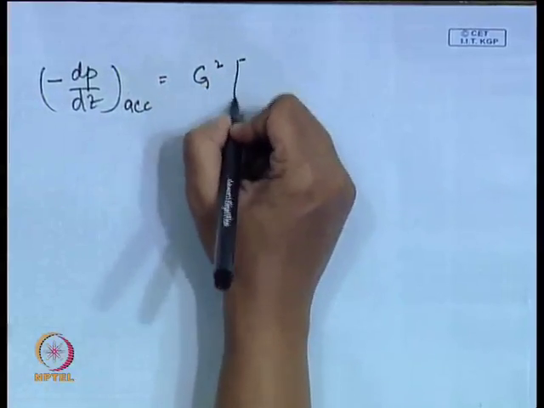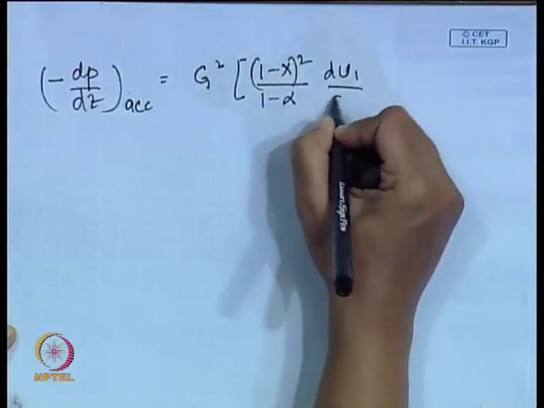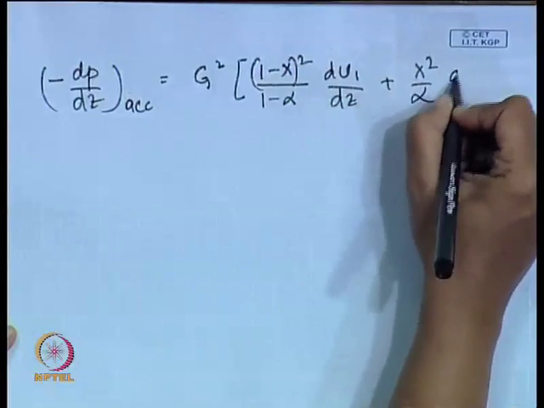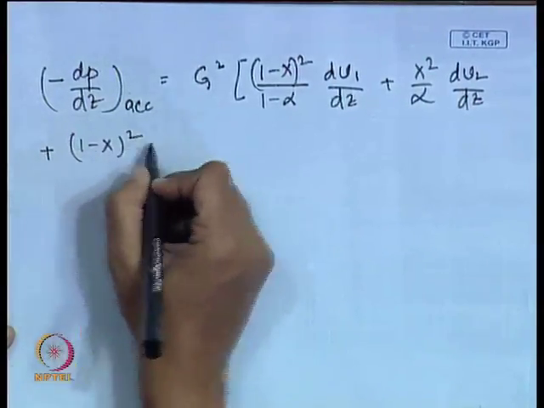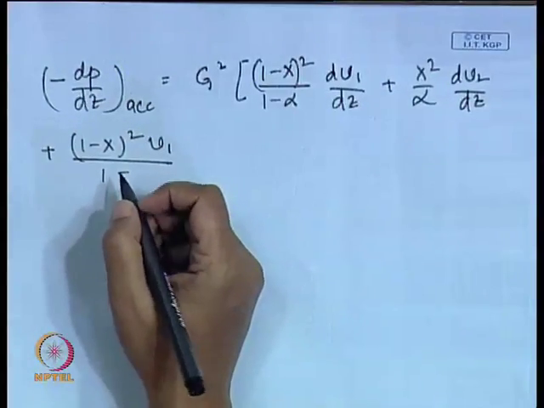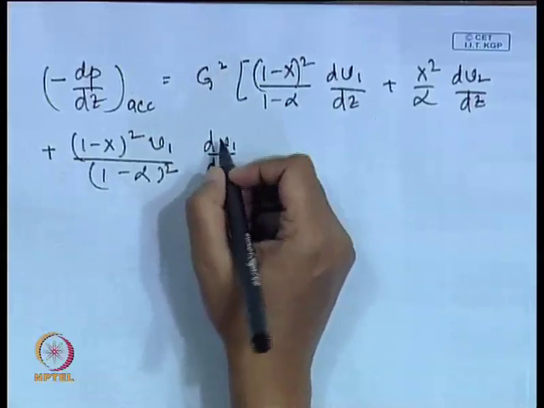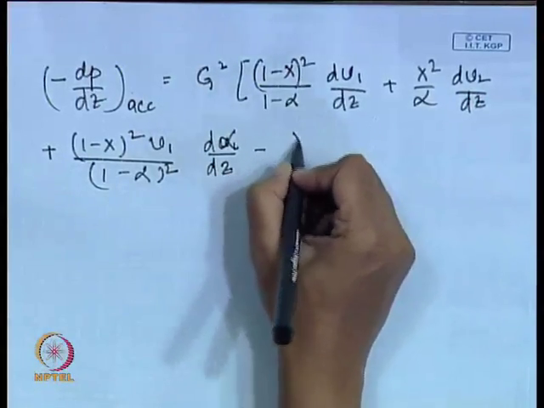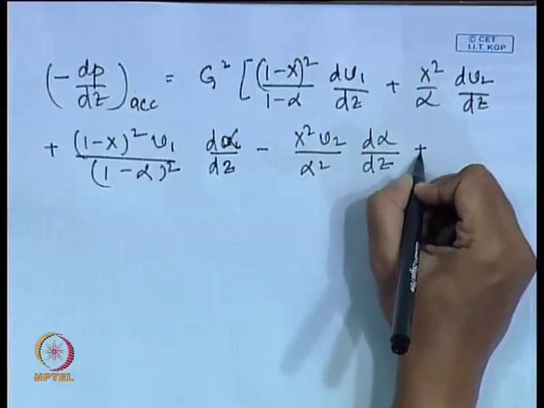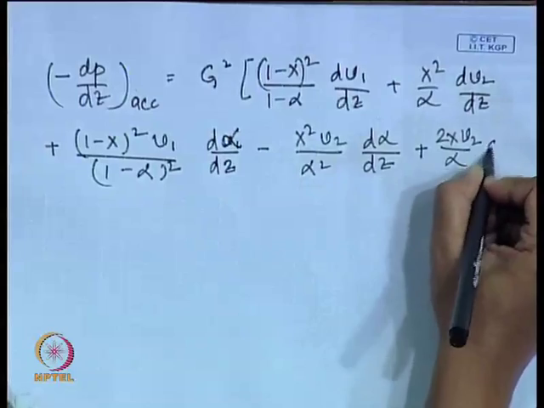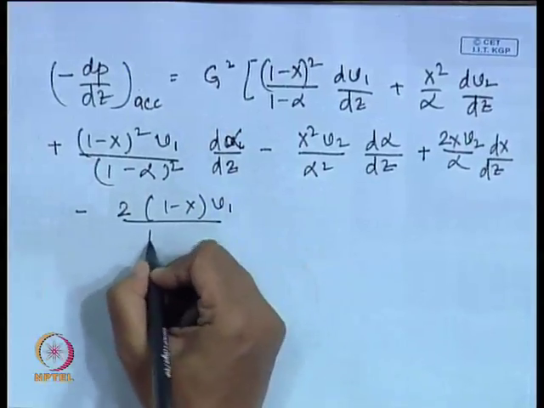This is equal to G square (1 minus x) whole square by 1 minus alpha dv1/dz plus x square by alpha dv2/dz plus (1 minus x), simply I am writing down whatever I have got so far, by (1 minus alpha) whole square dv1 d alpha/dz minus x square v2 by alpha square d alpha/dz plus 2x v2 by alpha dx/dz minus 2 into (1 minus x) v1 by 1 minus alpha.